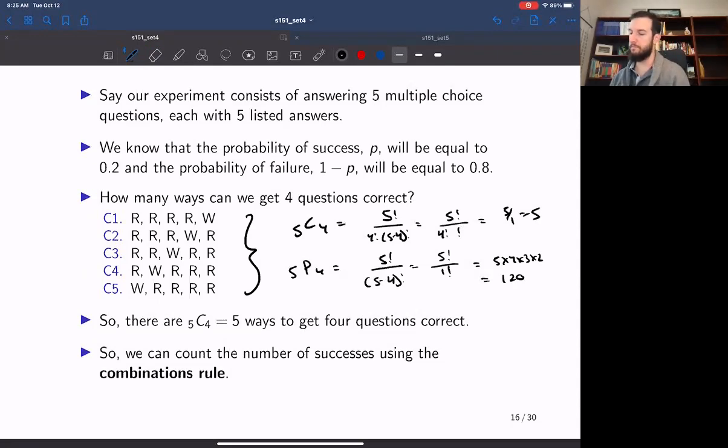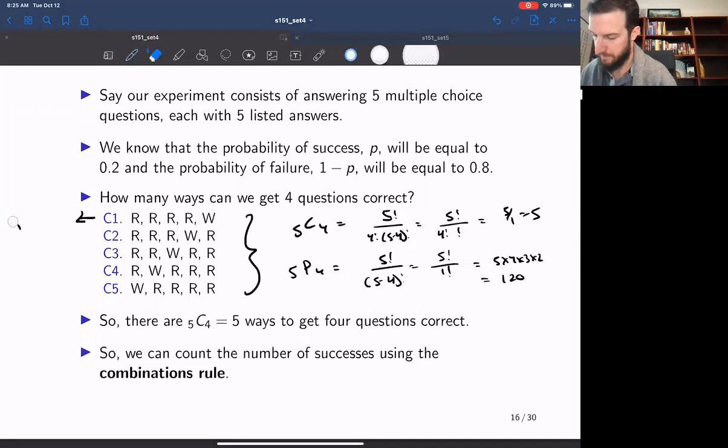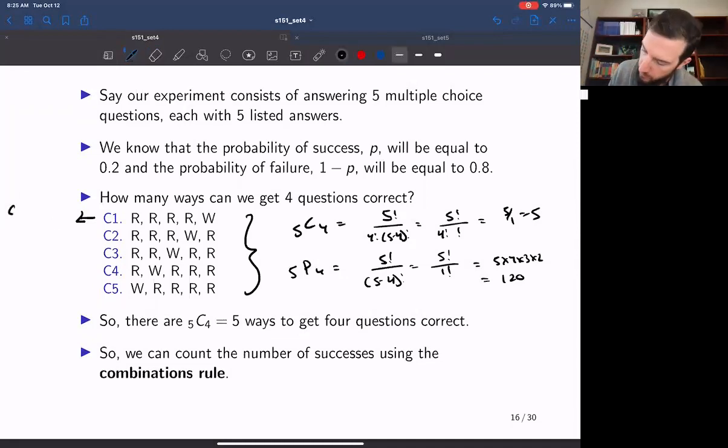For example, the first outcome is basically saying you have Q1, Q2, Q3, Q4, Q5.